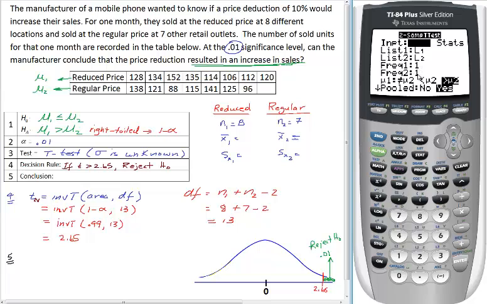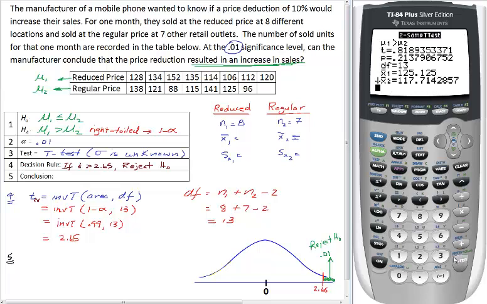Frequency 1 and 2, keep them as 1. Now it's a right-tailed test, so you should have greater than highlighted, which it is. Let's go down, and you should have pooled data. Yes, we're assuming the standard deviations of the samples are the same, therefore we're pooling our data together. And then calculate. Let's see what we get.